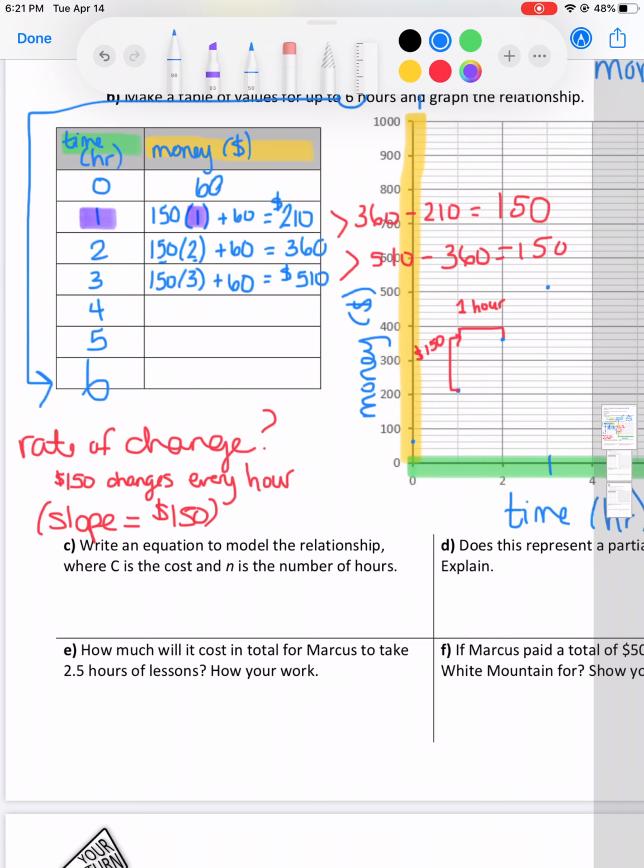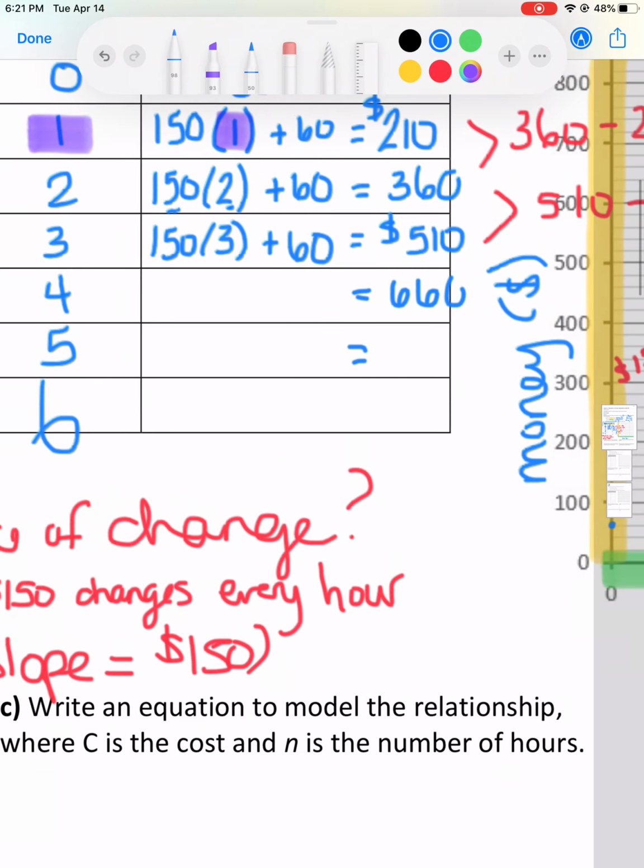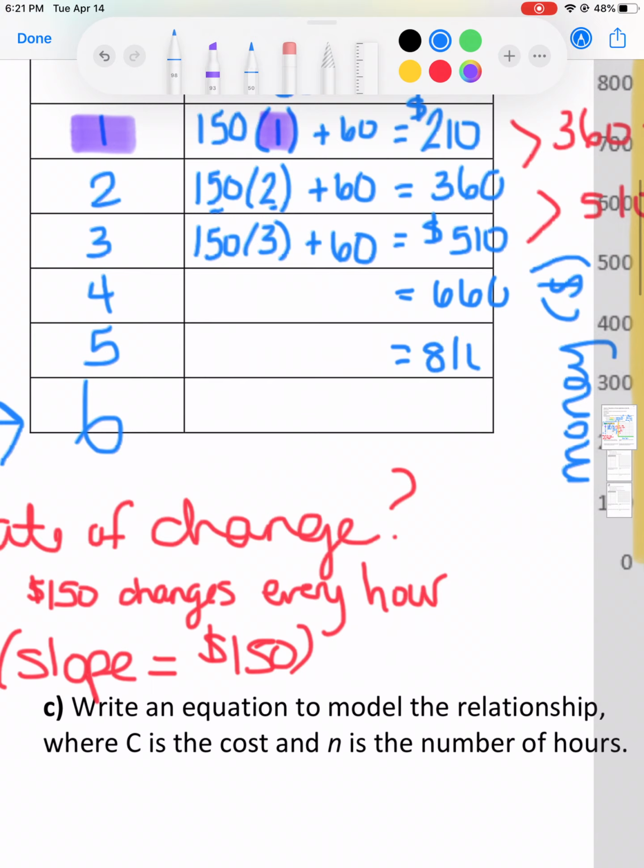So 510 plus 150 is going to be 660. Plus 150 is 810. Plus another 150 is going to be 960. Okay, because it's a linear system. It's a straight line. It's going to go up the same every time.